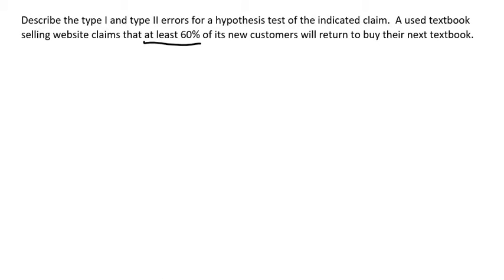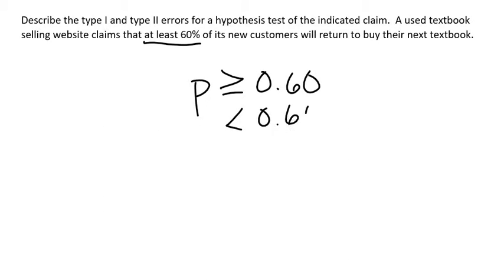At least is bigger than or equal to. And since I'm dealing with a percentage, I can rest assured that this is a P, or proportion. What's the complement of greater than or equal to? Less than. So the one that has the equal sign is going to be my null hypothesis, and the other will be my alternative hypothesis.